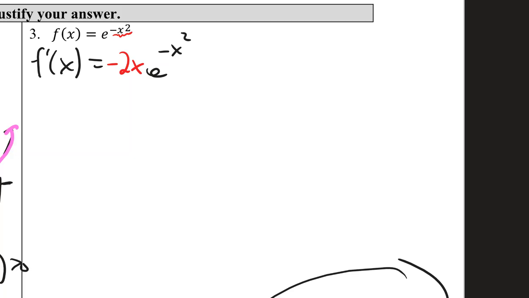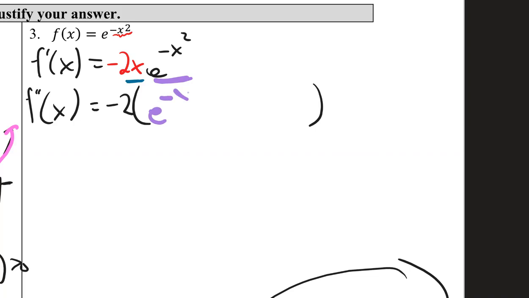And then for the second derivative, I'm going to pull the negative 2 out front. But for the second derivative, you need to do product rule. We've got x times e to the negative x squared. So derivative of x would be 1 times e to the negative x squared left alone, plus x left alone, times the derivative of e to the negative x squared, which I've already done before.